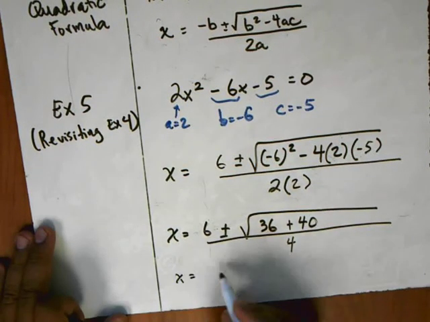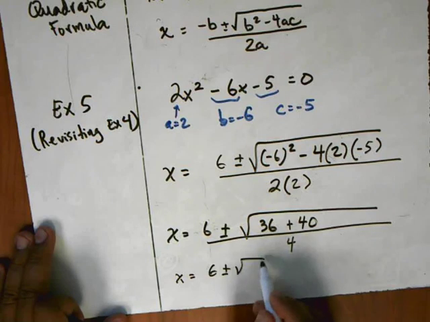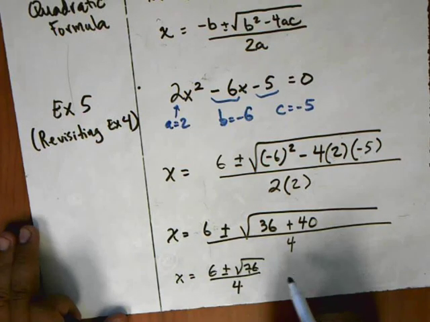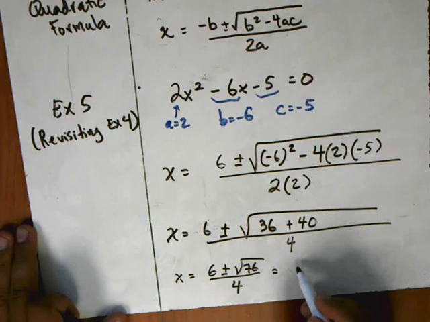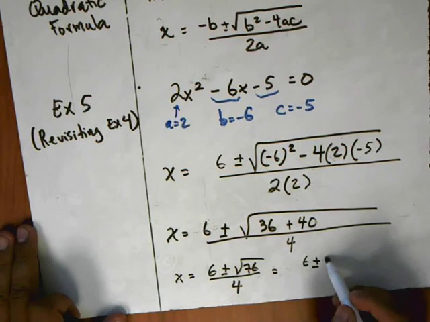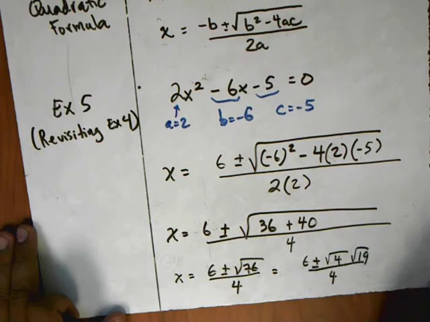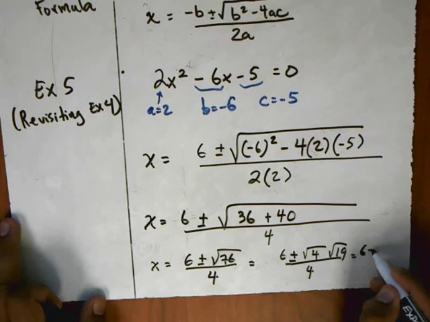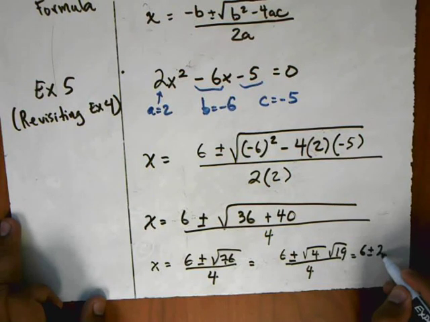So x is equal to 6 plus or minus the square root of 76, all of it over 4. And we can simplify the square root of 76. This is 6 plus or minus the square root of 4 times the square root of 19, all of it over 4. I might run out of space here, but this is 6 plus or minus 2 times the square root of 19 over 4.